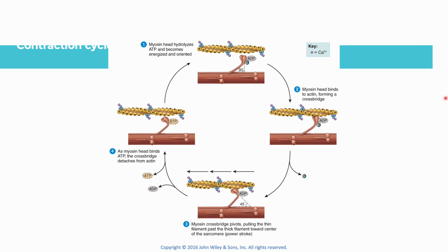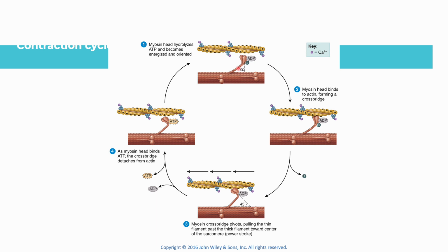And the energy that's generated from this hydrolysis reaction is stored in the myosin head for later use during the contraction cycle. So at this point, the myosin head is said to be in an energized state, okay, and it assumes this 90-degree angle relative to the thick and thin filaments that you see over here.